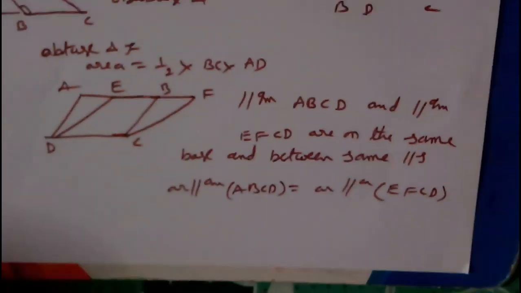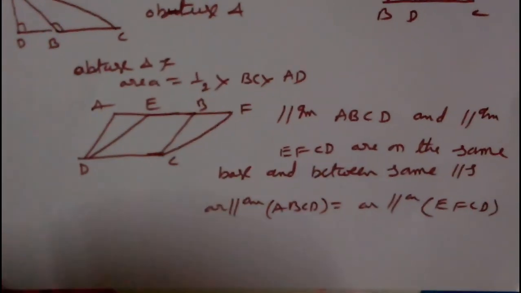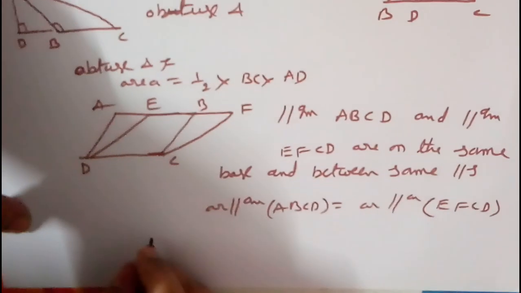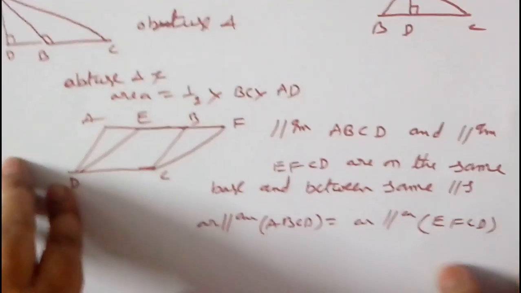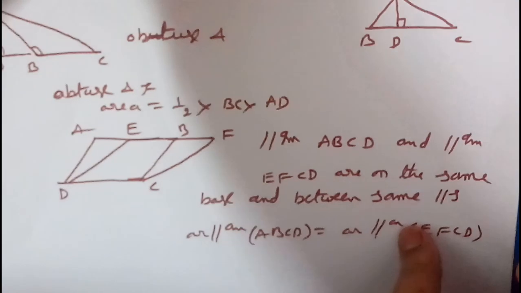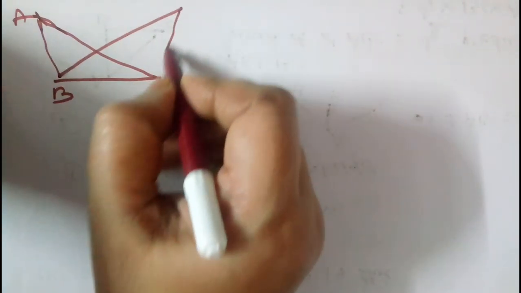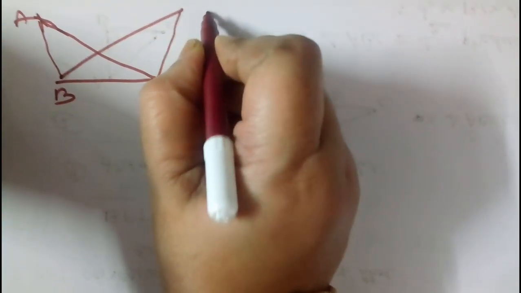Now in the same way, if two triangles are on the same base and between the same parallels, then the areas of the two triangles are also equal. Now consider these triangles, triangle ABC and triangle DBC.